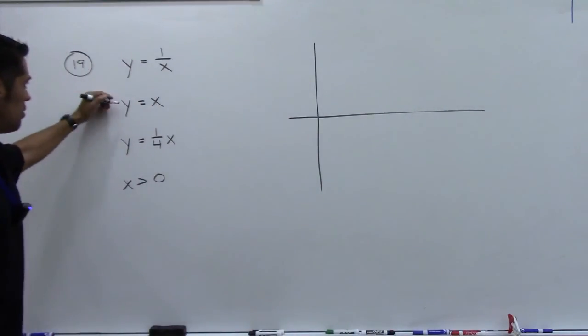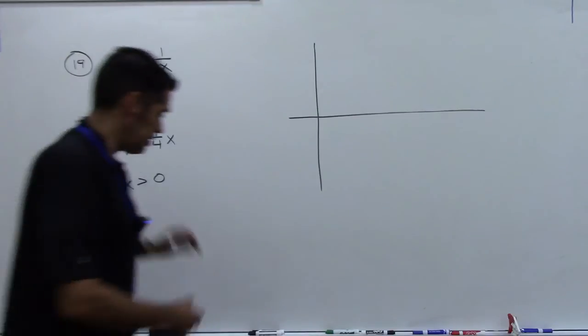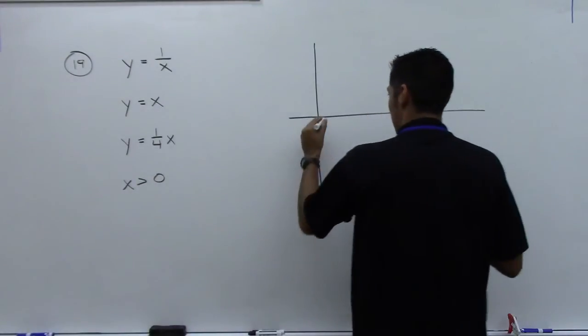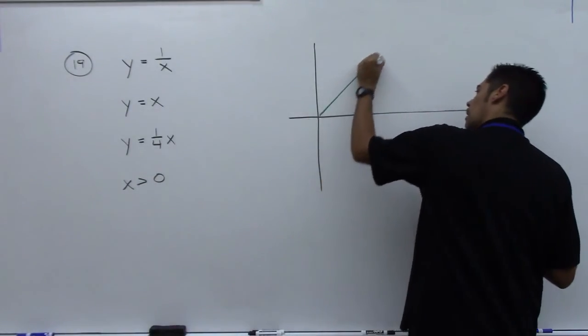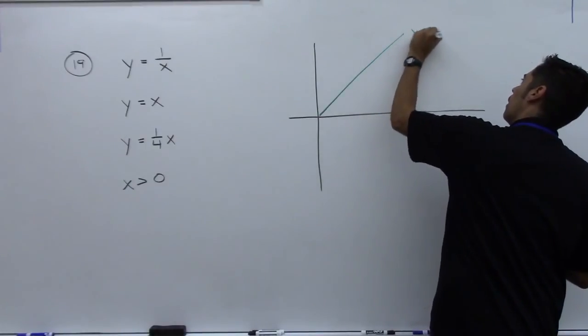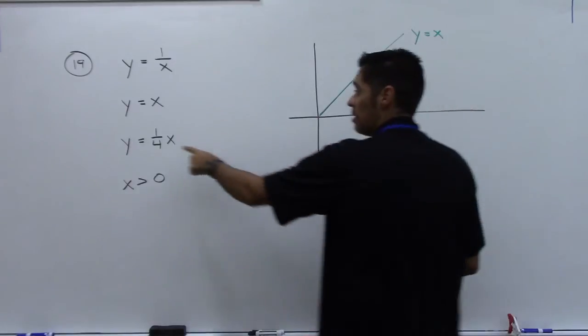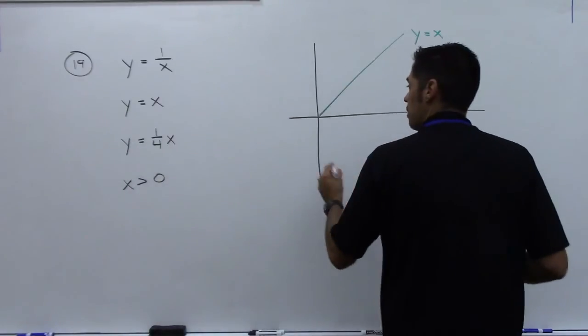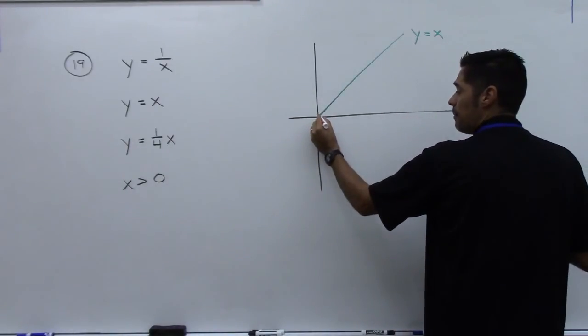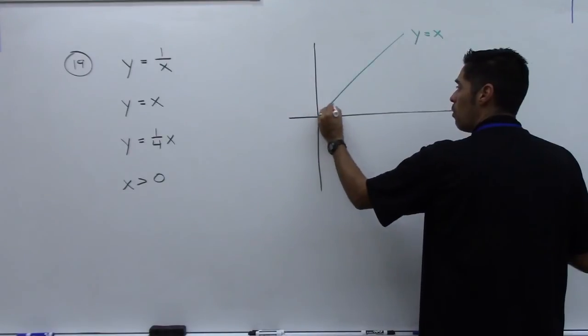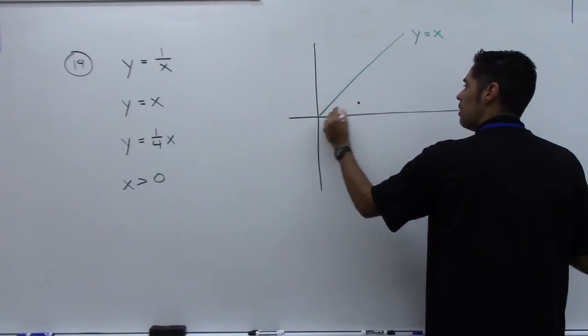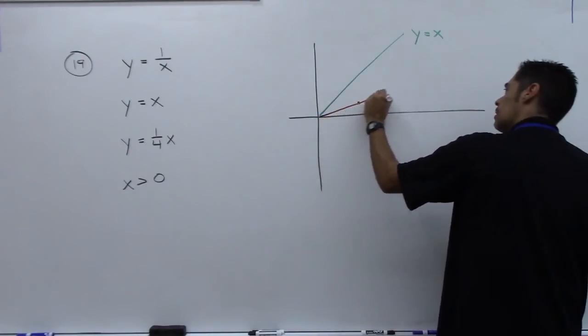Let's start with the easiest one here. Y equals x. That's this diagonal. Y equals 1/4 x, the slope is 1/4, so up 1/4 right there. So that's also a line, just like that.